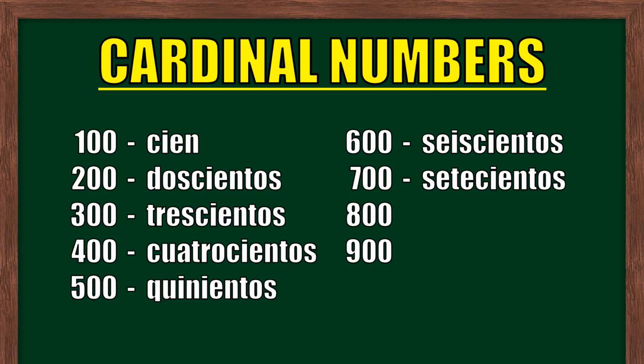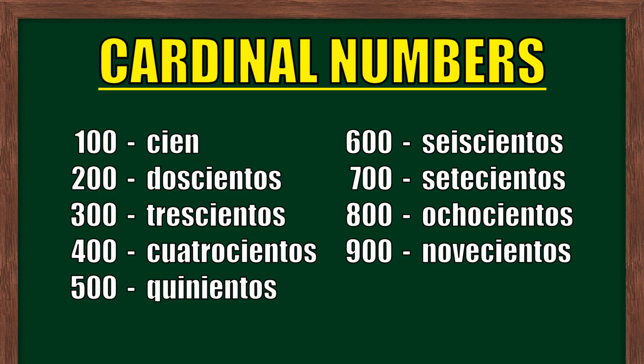You take out the I. 800, ochocientos. 900 is also irregular. It is not nuevecientos, it is novecientos. So we have cien, doscientos, trescientos, cuatrocientos, quinientos, 600, 700, 800, 900.